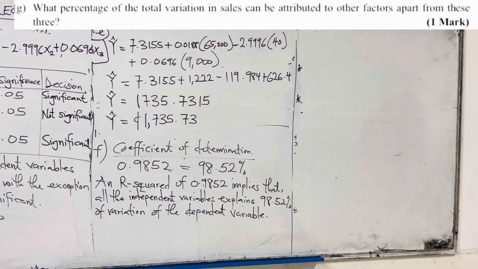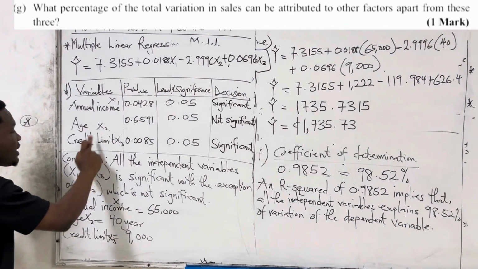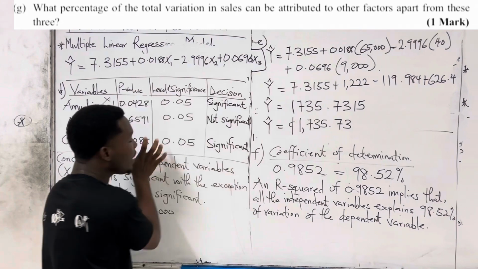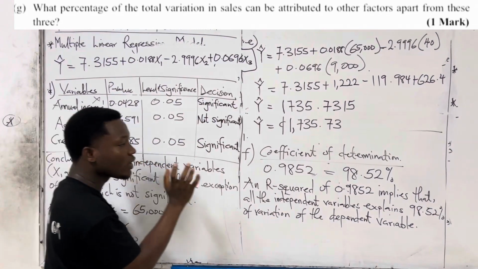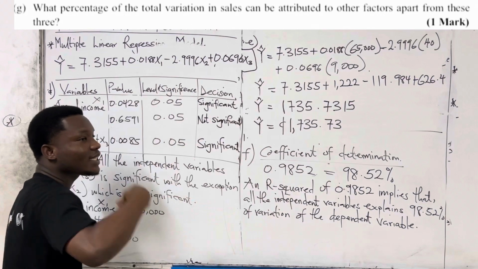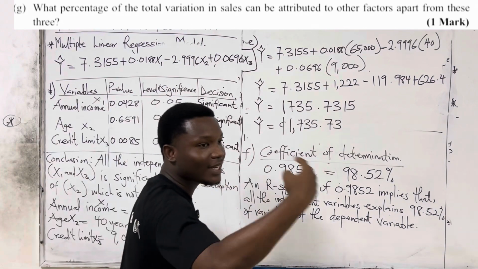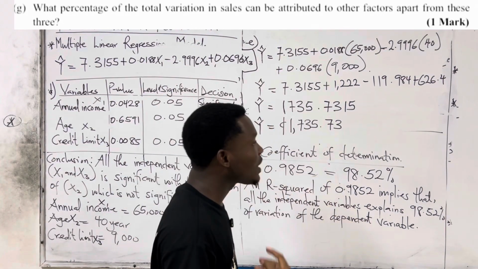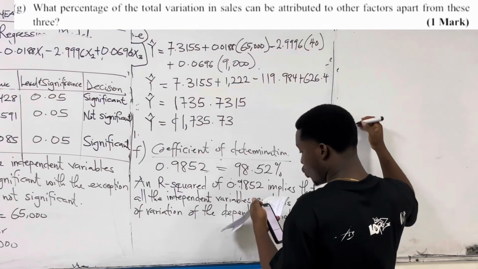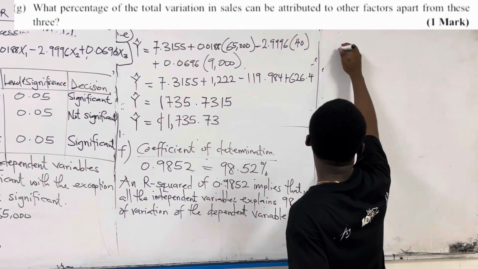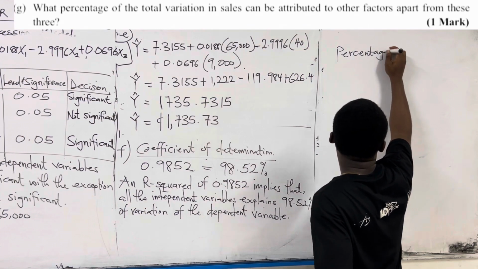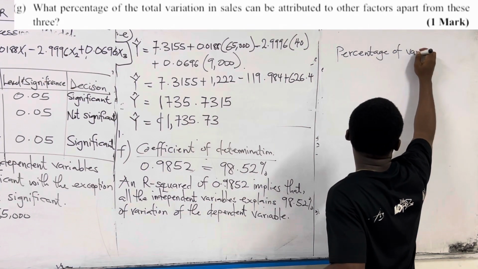So apart from annual income, age, and credit limit, we have other factors, because these three variables do not constitute 100%. So apart from these three, what is the percentage of the other factors that constitute our monthly spending? So what we have to do is state the percentage of variation.